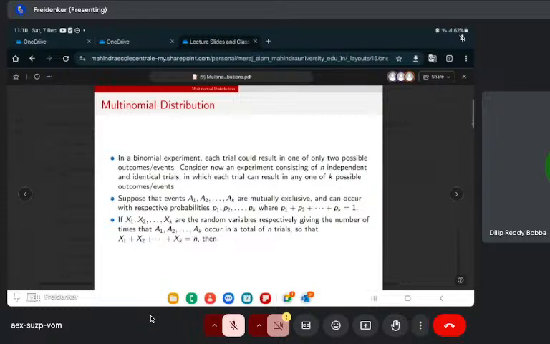So all the events must be mutually exclusive, and the sum of probabilities must be one. The probability of today being Monday is 1/7, and so is the probability for every other day. The sum of all these probabilities, 7 into 1/7, is 1.